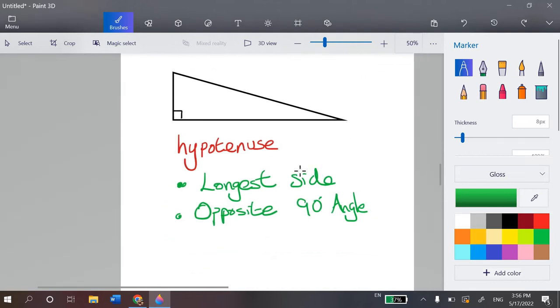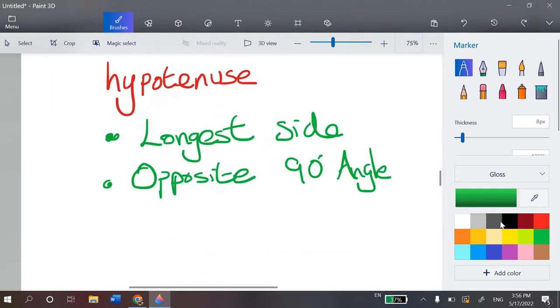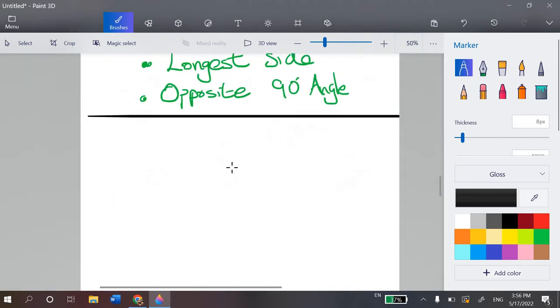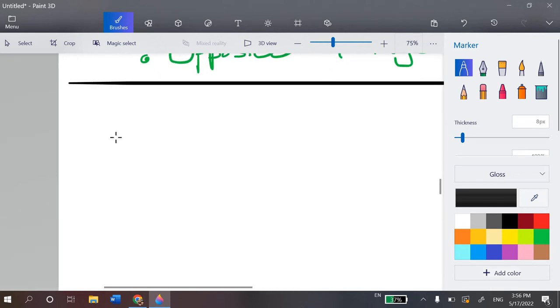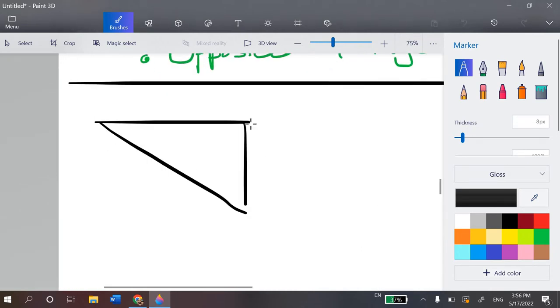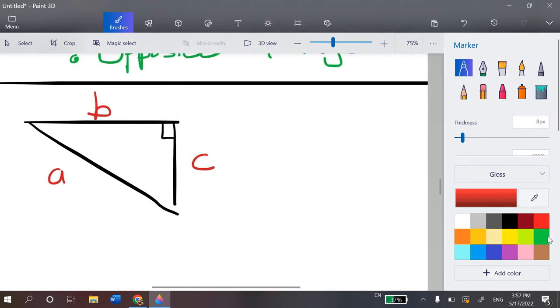Okay, so our first activity is going to be to find the hypotenuse. So let me draw a triangle for us here. Okay, here we have a triangle. I'm going to name the sides A, B, and C. Now let's find the hypotenuse.